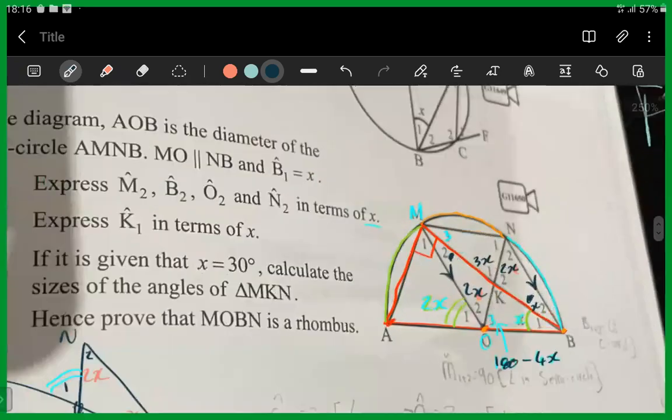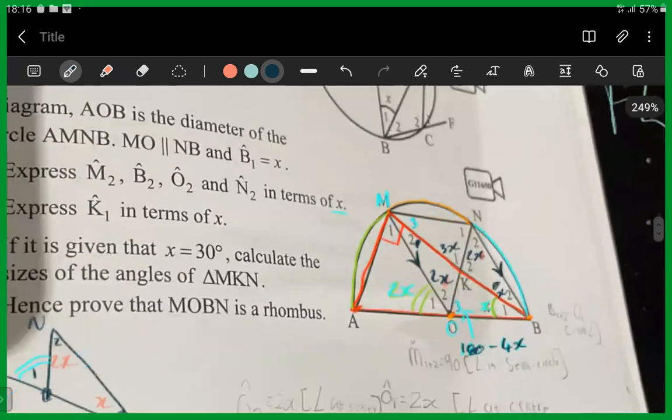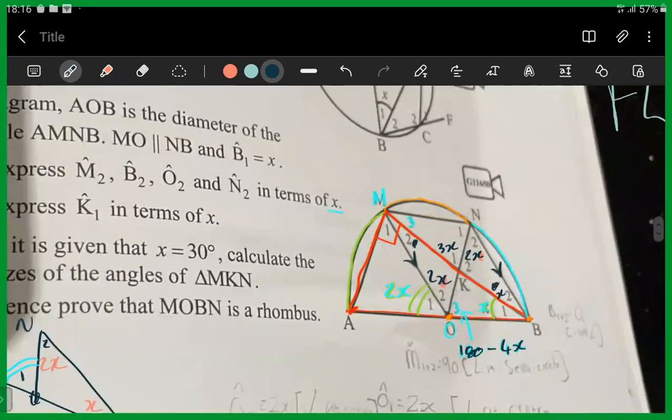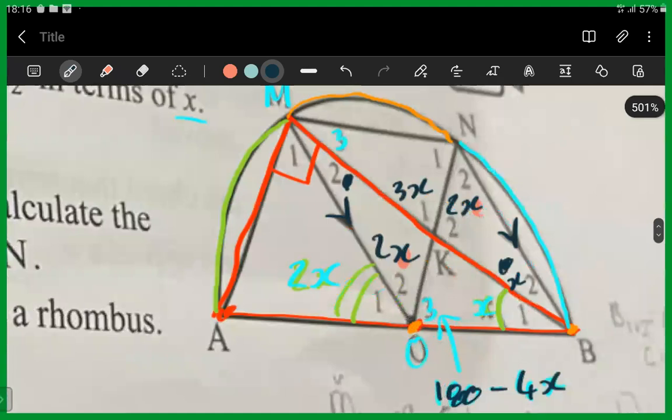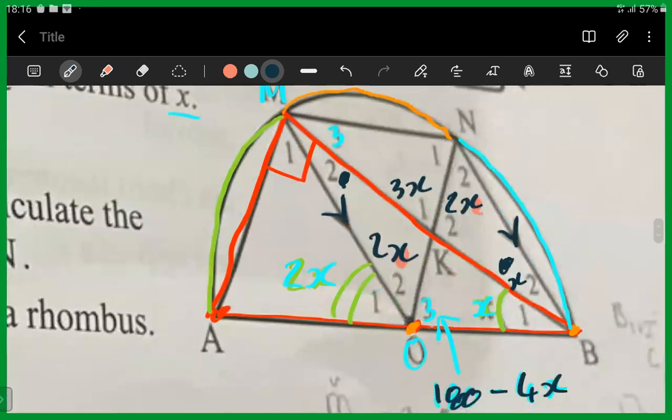When you say 180 minus 4x, does that mean the place where K is would also be equal to 3x? No, here I'm talking about O3 only, because these are angles on a straight line. Oh yes, you can, there are two ways of getting this part.